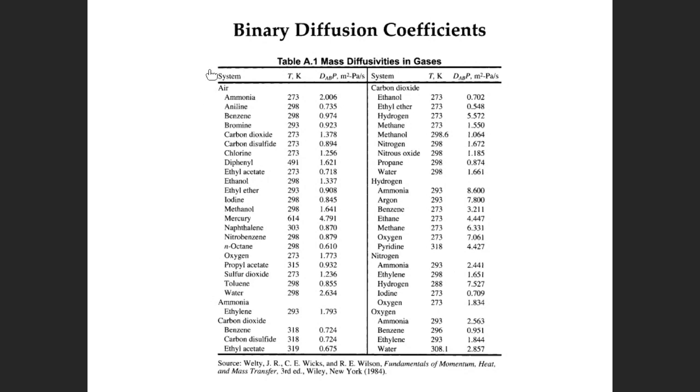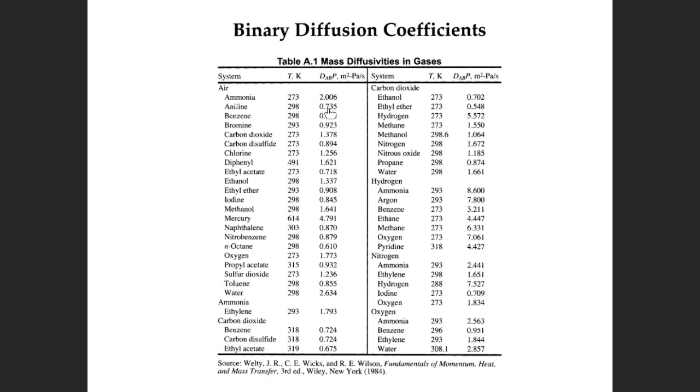If we look at the first system here, air ammonia, the temperature is 273. The diffusivity, or mass diffusivity, is 2.006.